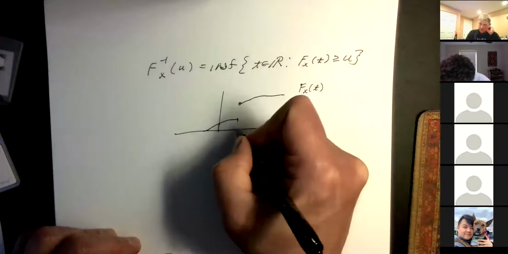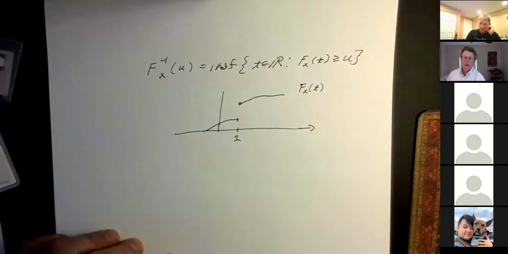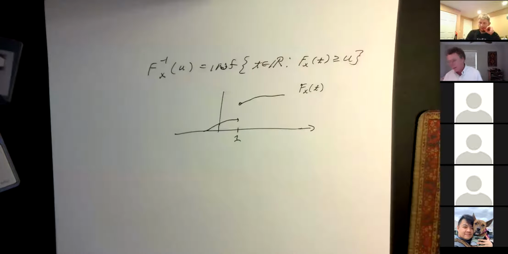That means there's a finite probability of taking on that value. Say this is 1, okay? And so how do you invert that? This handles it properly, so I won't worry about it. The discontinuity thing isn't so much of an issue. You can work around that. That's what problem 2 is.